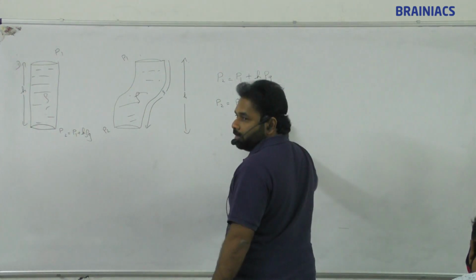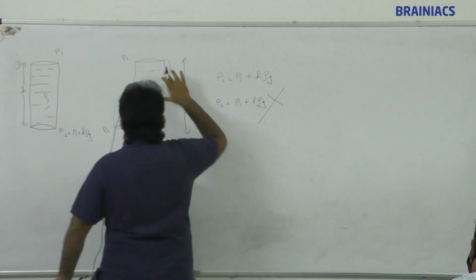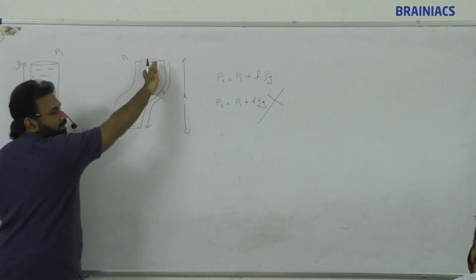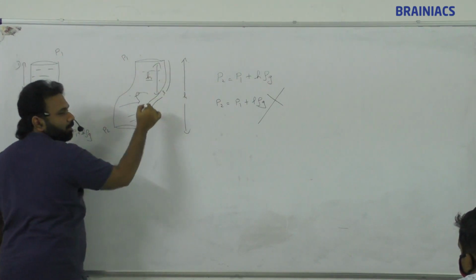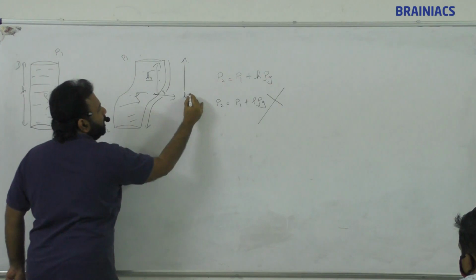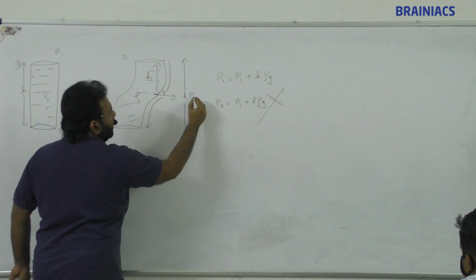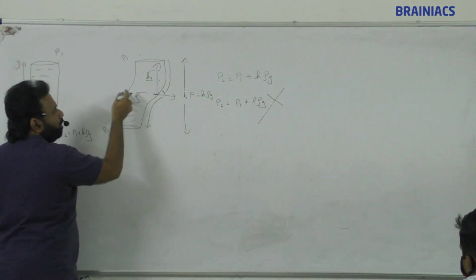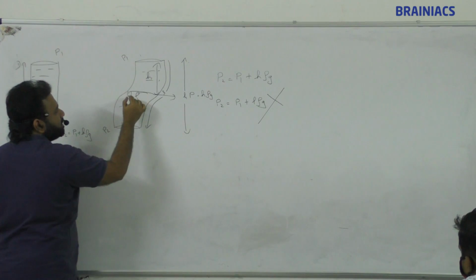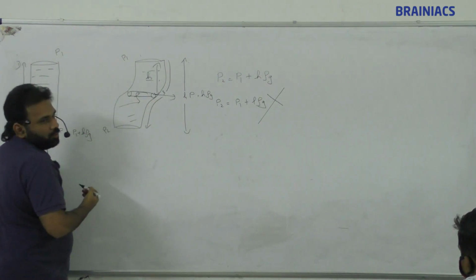We need to consider only the vertical height. Why? Suppose I consider this length, and call this H1, then the intermediate pressure is H1 rho G. Then when it bends, here the pressure difference is 0.